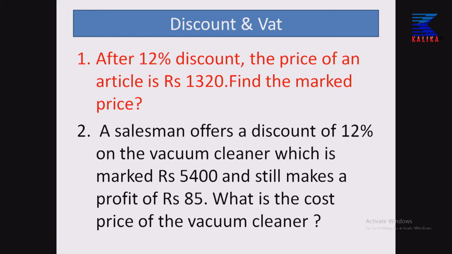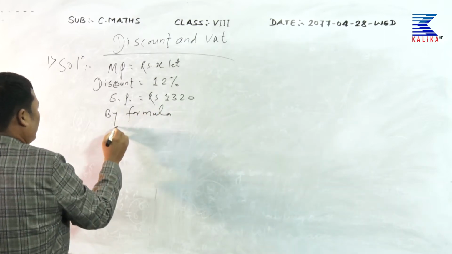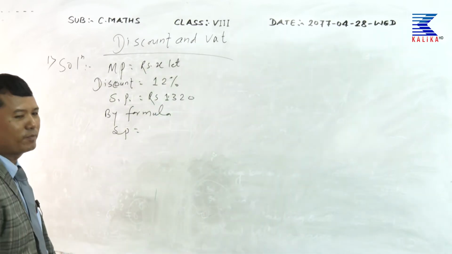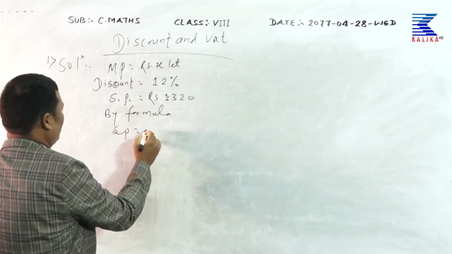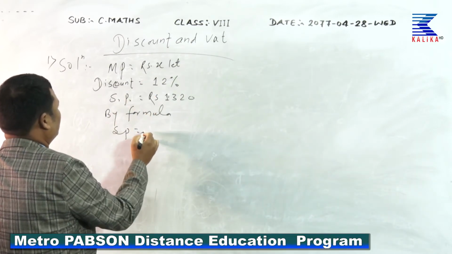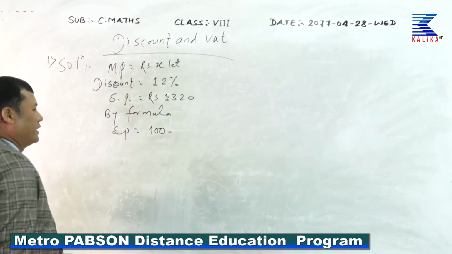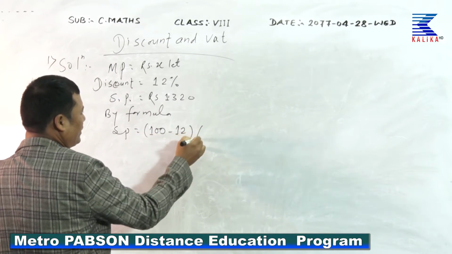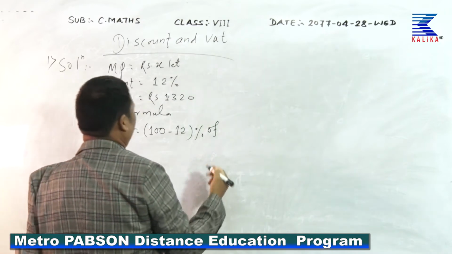By formula, SP is equal to 100 minus 12% of MP.